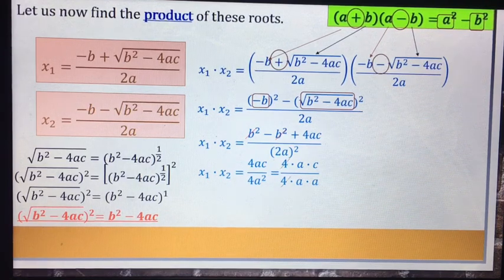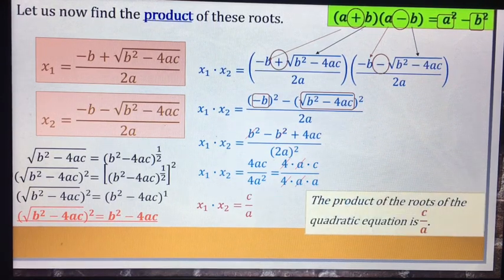We cancel by dividing by 4, or factoring out 4a, so the 4 and one a cancel. Therefore, the answer is c over a, or c divided by a. The product of the roots of the quadratic equation is c over a.